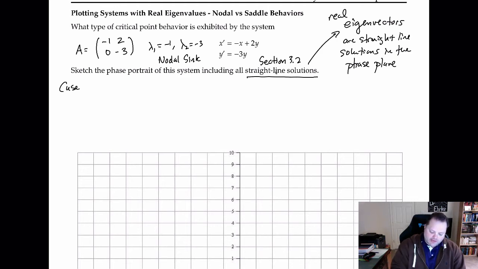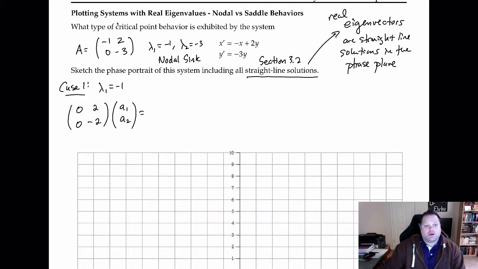We've got two cases here. The first case, lambda 1 equals -1. My system becomes, let's see, I'm adding 1 to the diagonals, since I'm subtracting a -1. All right, so that looks just about right.